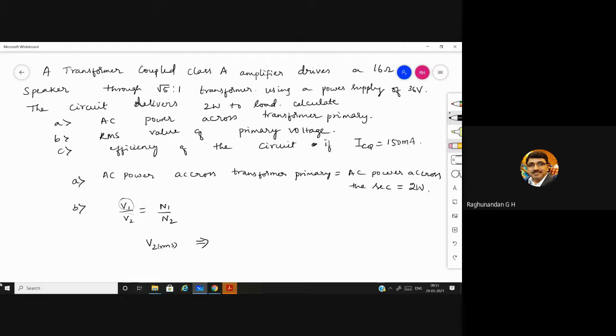V2 RMS. See, they have given the power delivery, 2 watt. So for the power delivered to the load, the power which is delivered to the load will be AC or DC?